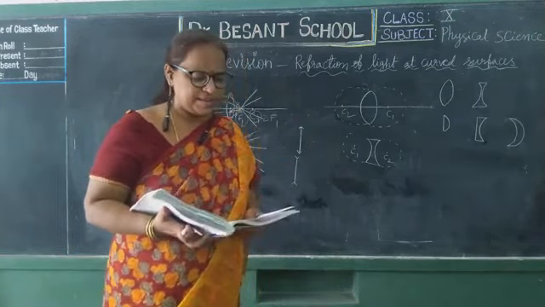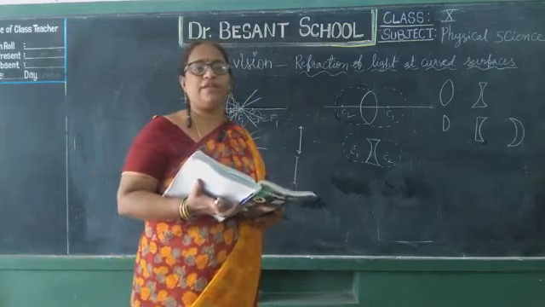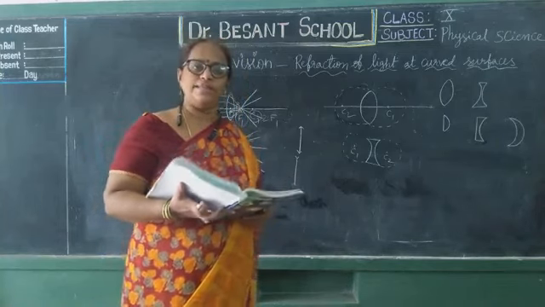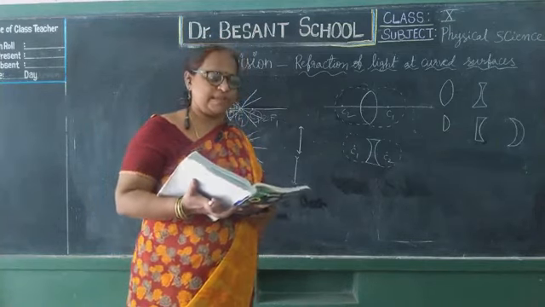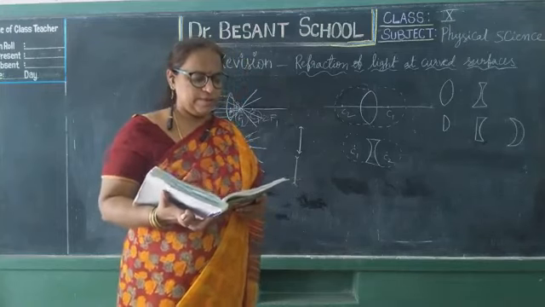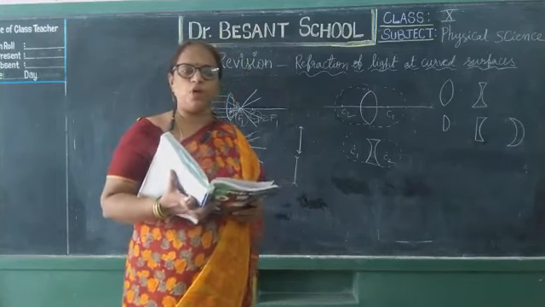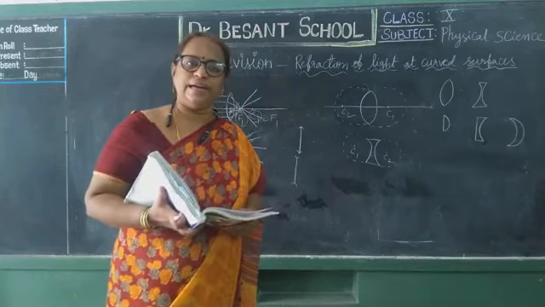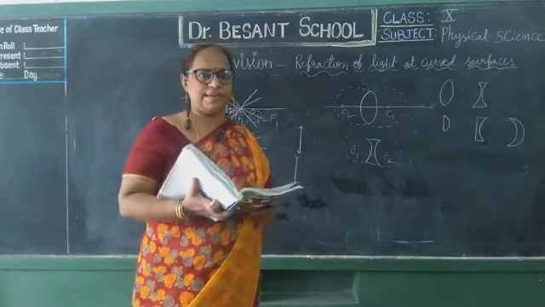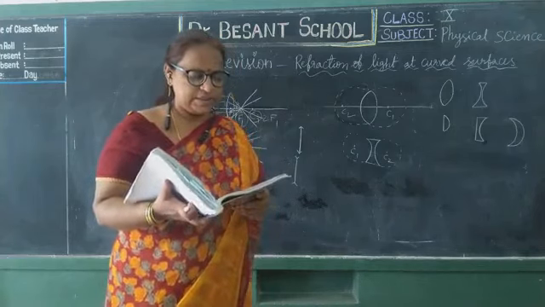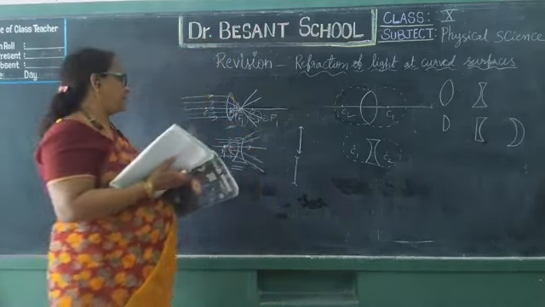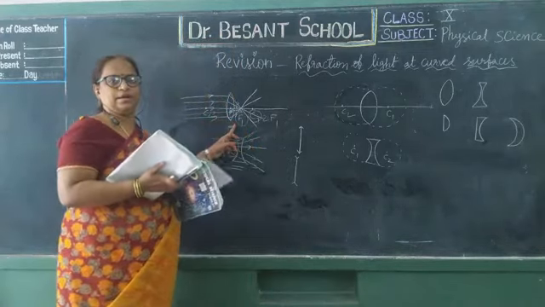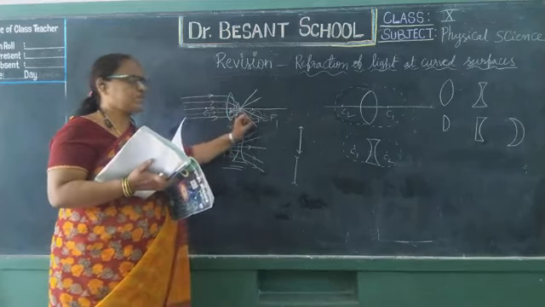And also we learned the behavior of certain light rays. Situation 1, a ray passing along the principal axis will not deviate its path, but will go in a straight line for both convex as well as concave lens. Situation 2, a ray passing through the optic center will not deviate its path, it will go in a straight line for both convex as well as concave lens. Situation 3, rays traveling parallel to the principal axis. For convex lens, they will converge at focus.